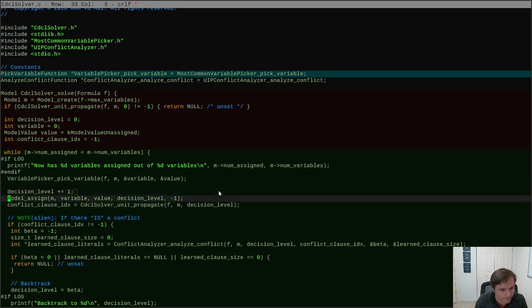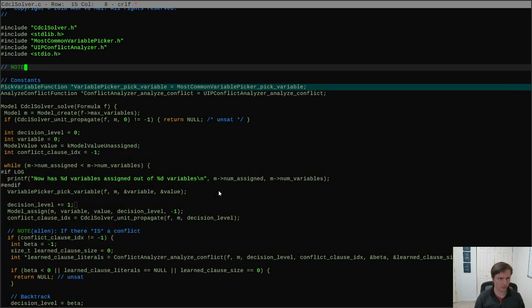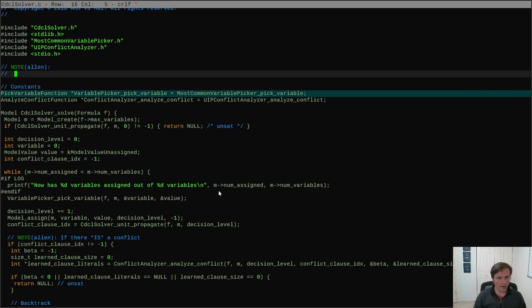So note, the pick variable function has as its input a formula and a model, and as an output it has a variable index and a Boolean assignment or value, right?